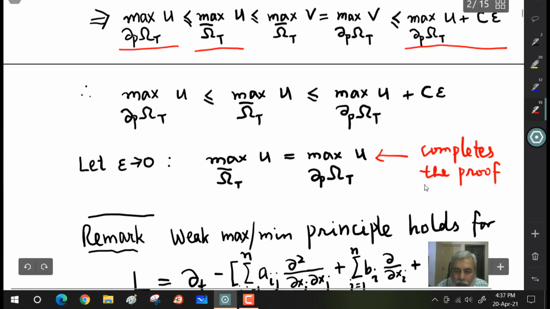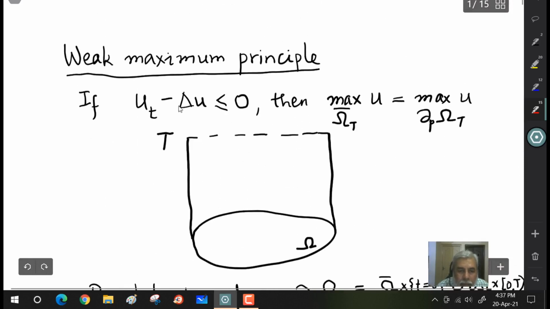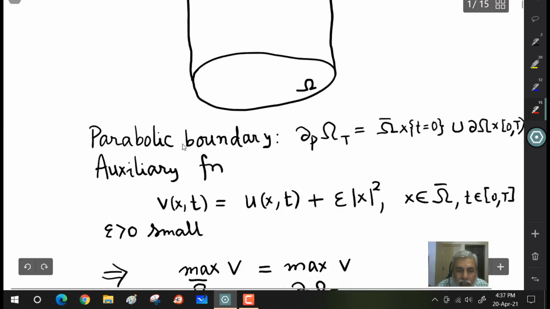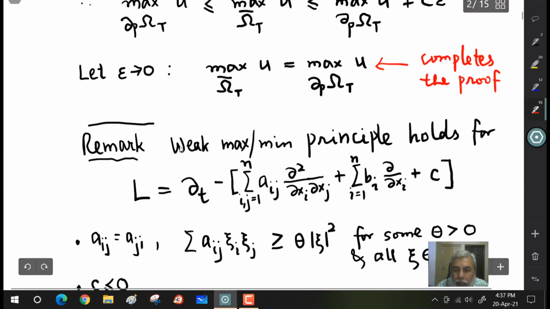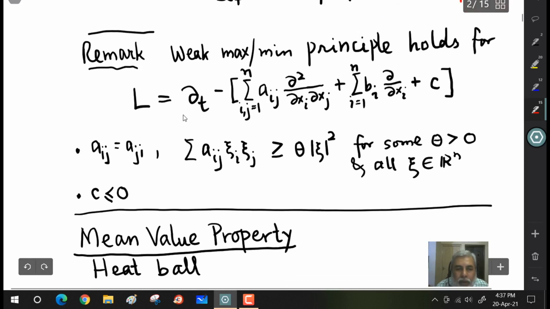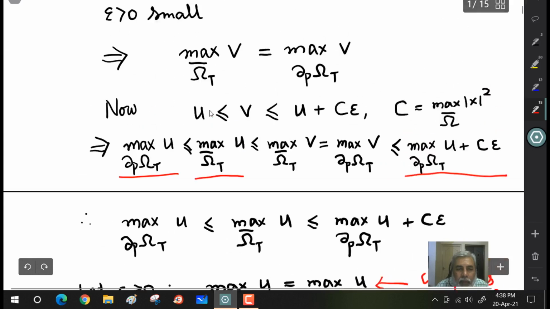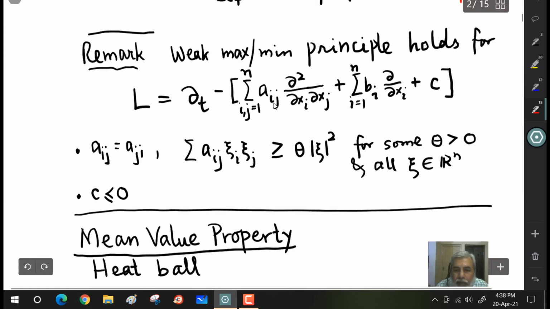So as a closing remark, this is not just special for the heat operator. You can extend these weak maximum and minimum principles to a general parabolic operator, which is of this form: L is equal to del t, the partial differential operator with respect to t, and then you replace the Laplacian by a general elliptic operator.